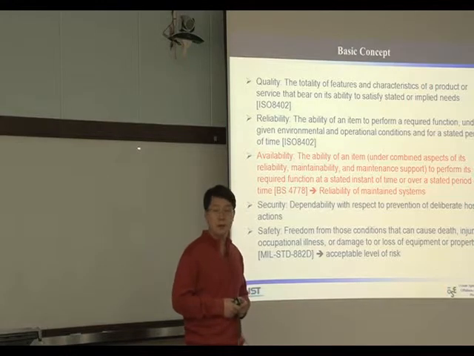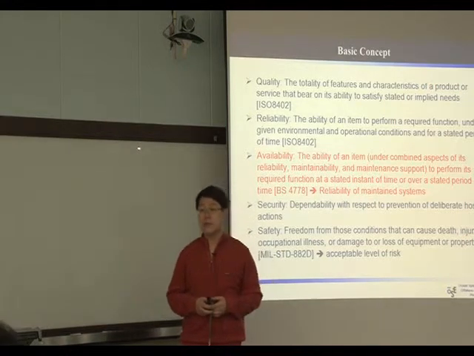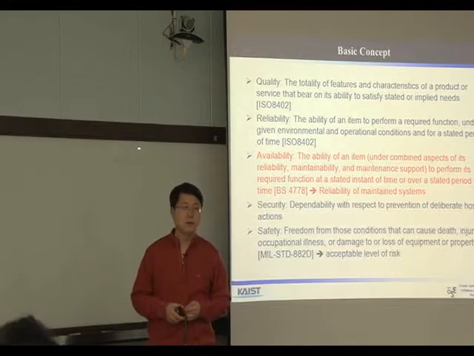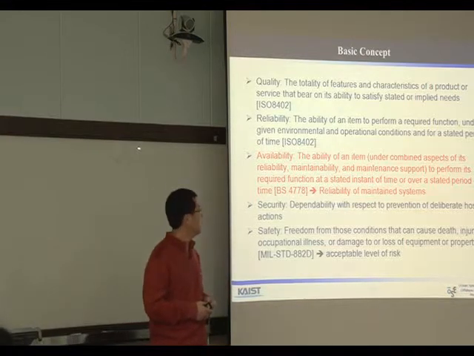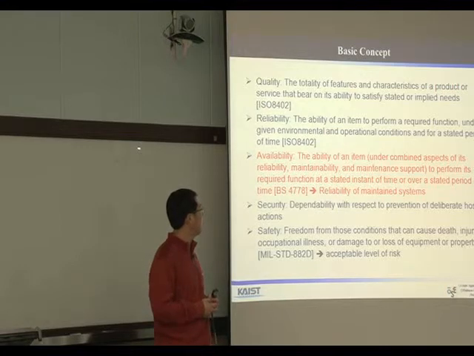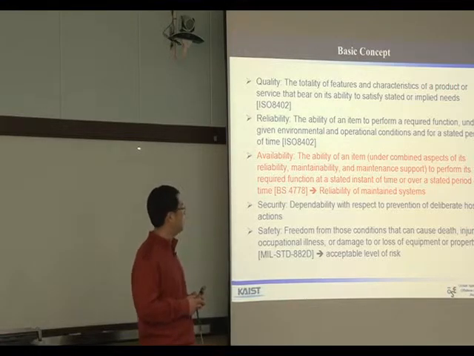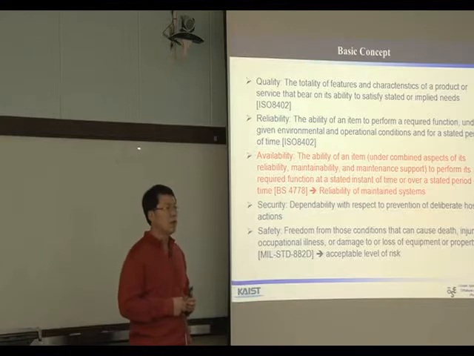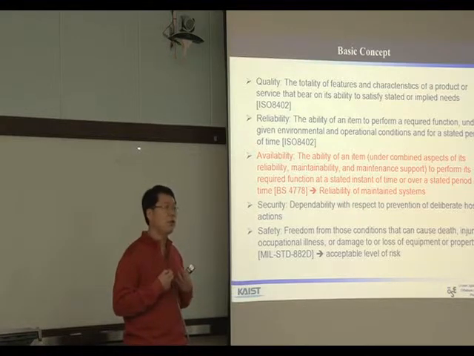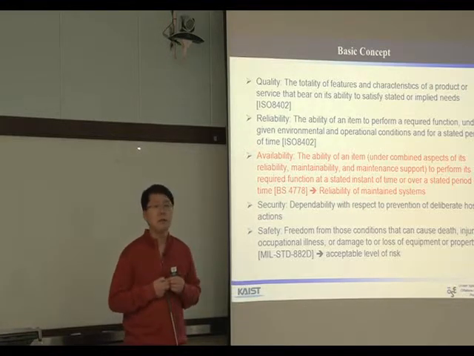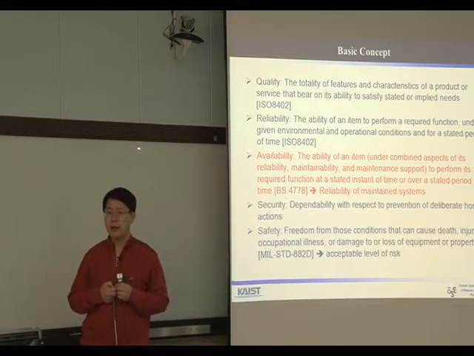So security is the action against theft. Safety is freedom from those conditions that can cause death, injury, occupational illness, or damage to or loss of equipment or property. So an acceptable level of risk is related to safety. So safety is also hard to define.